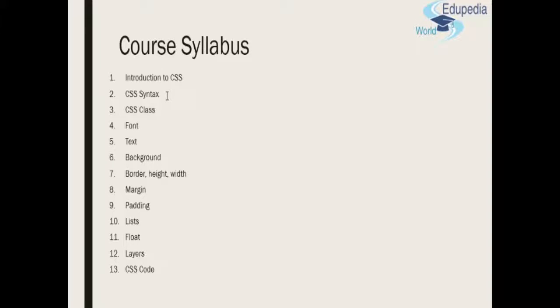We talked about CSS syntax, and within the CSS syntax I talked about a lot of things. For instance, we covered how CSS syntax is different from HTML syntax. Usually you have a selector and a property, and then on the selector the code is applied.